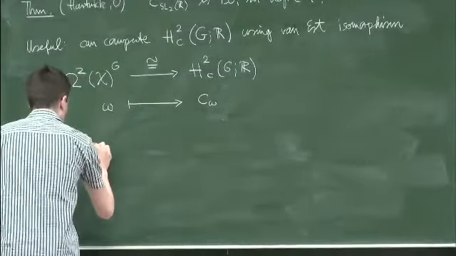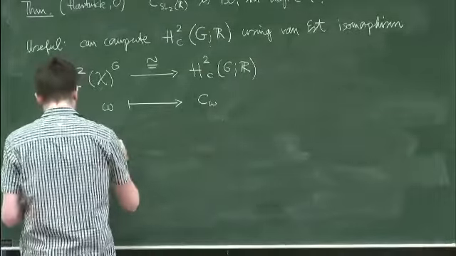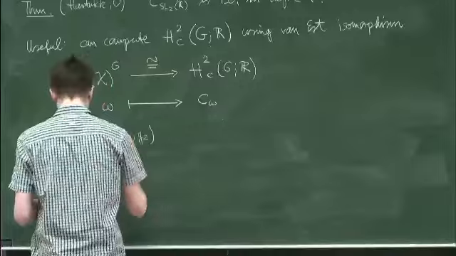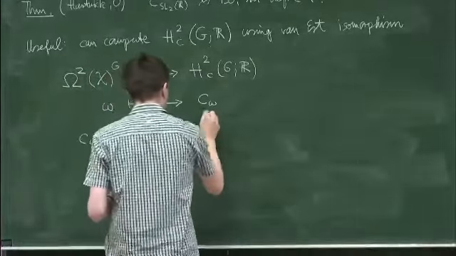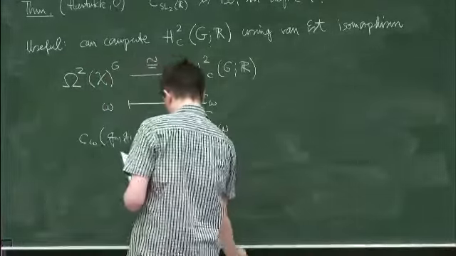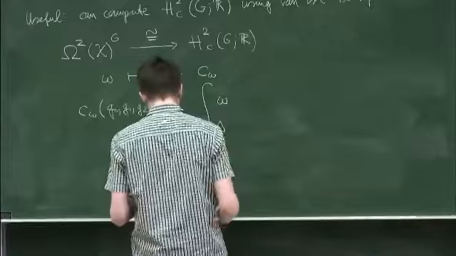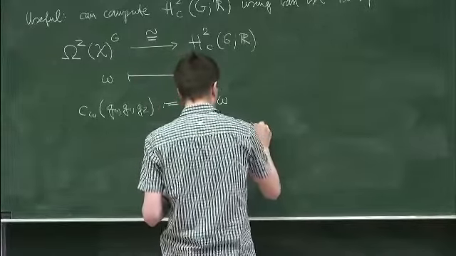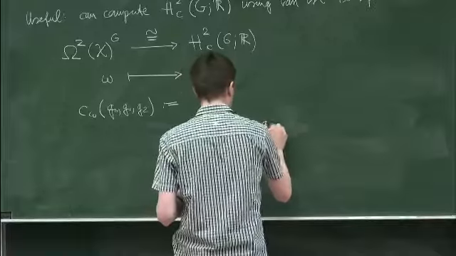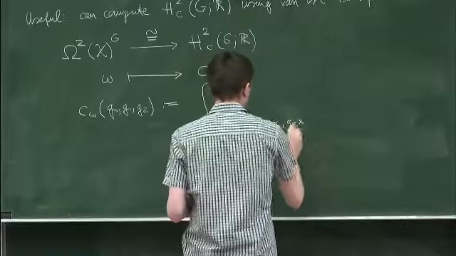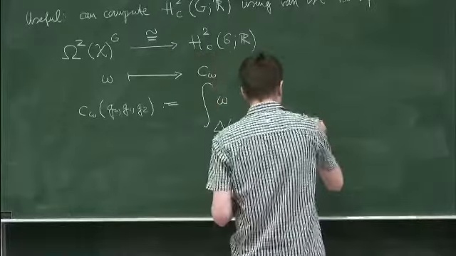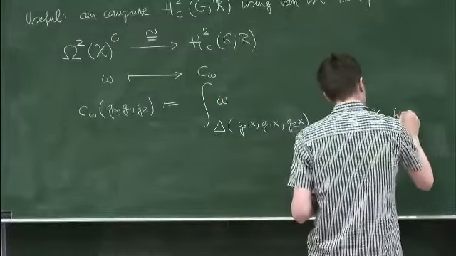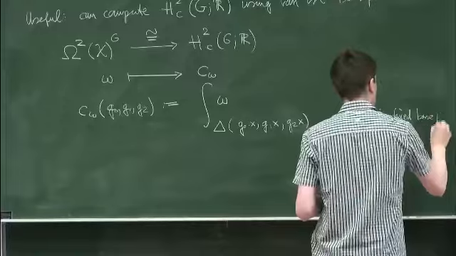Since we are in degree 2, we have to plug in 3 Lie group elements. It's defined by integrating the form omega over the geodesic triangle in the symmetric space, which is determined by these 3 Lie group elements. We'll see an example later with a picture, where x is an arbitrary fixed base point.